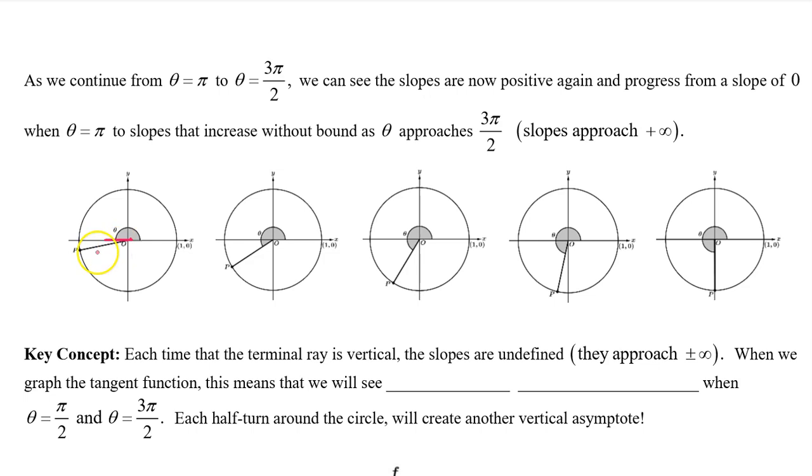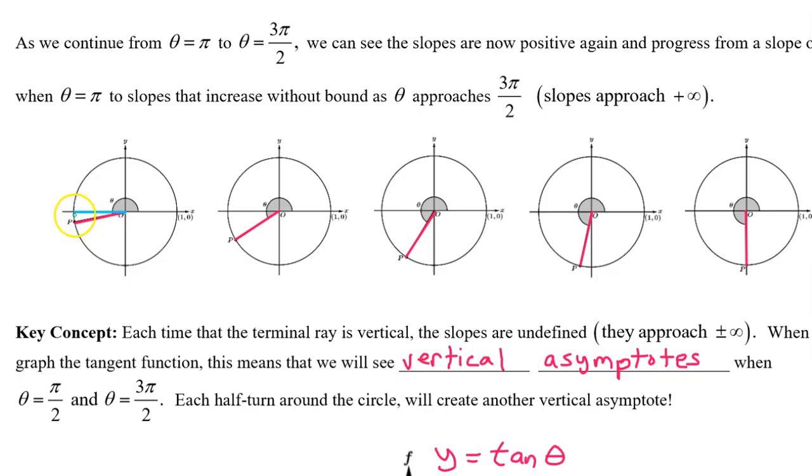As theta passes pi and enters the third quadrant, the slopes go from being 0 to being positive. And the slopes get more and more steep as we approach 3 pi over 2. The slope is approaching positive infinity. Let's sketch the graph of tangent theta on the interval from pi to 3 pi over 2.